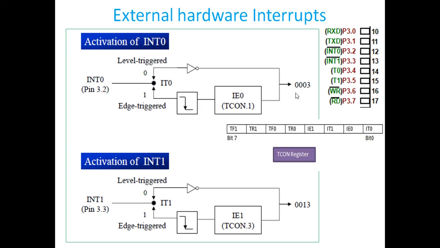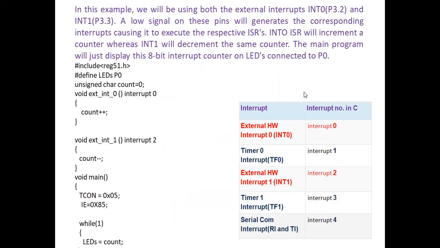But this is in the case of assembly level programming. In embedded C, each interrupt is specified with a number: interrupt 0 means external hardware interrupt 0, external hardware interrupt 1 means interrupt 2, and so on. So here we focus on interrupt 0 and interrupt 2.